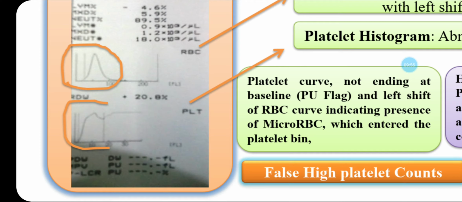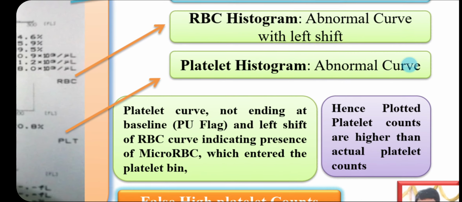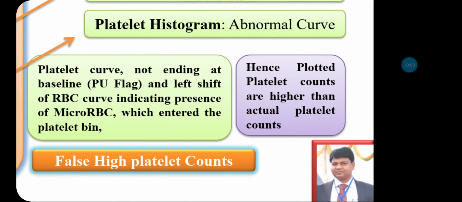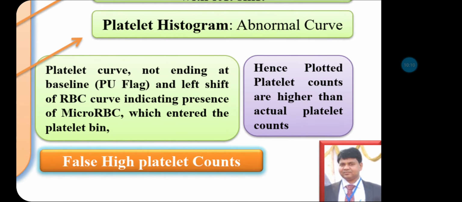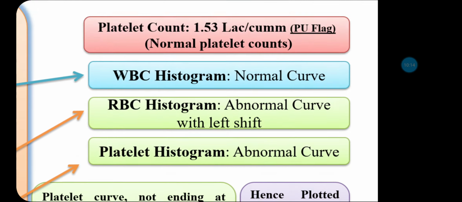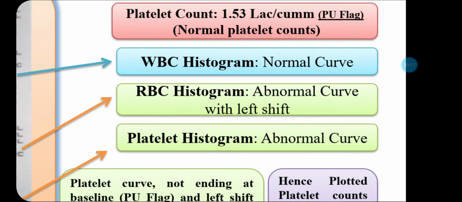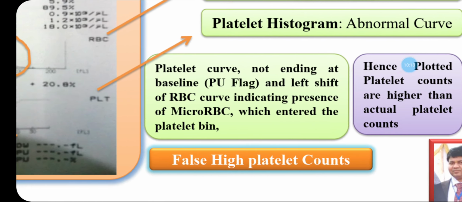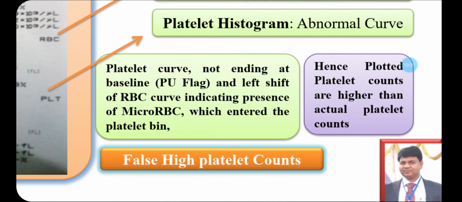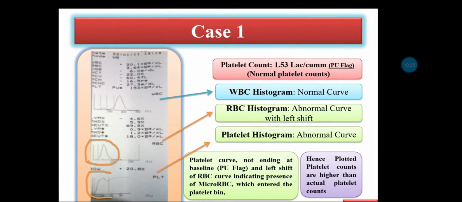These RBCs have attained the size of platelets and were counted as platelets. Because of this, the plotted platelet count appears higher than the actual platelet count. The actual platelet count of this person might be about 1 lakh. So this is a type of false high platelet count.